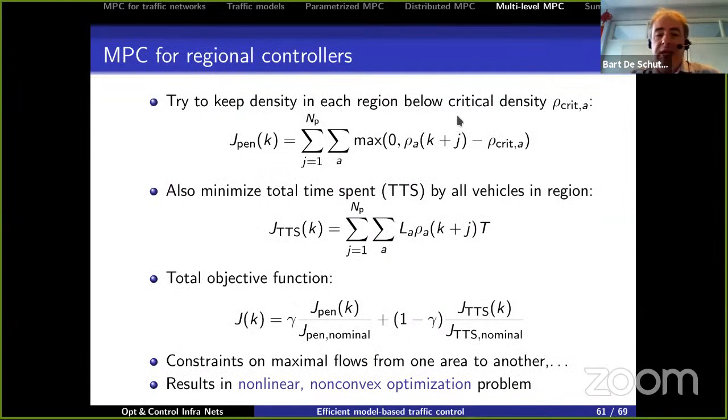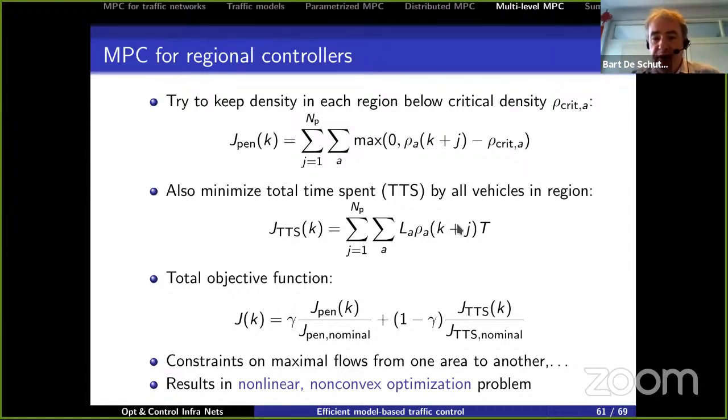Then we want to keep the density in each region below a critical density. That's also related to the question that was asked earlier on regarding the Lyapunov approach, but we do it in a way that we only penalize when we are above the critical density. If you are below the critical density, we impose a zero penalty. And in addition, we also want to minimize the total time spent by all the vehicles in the network.